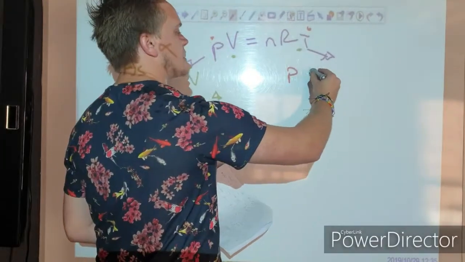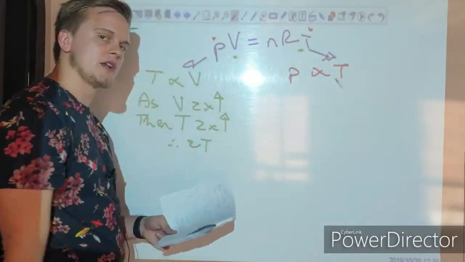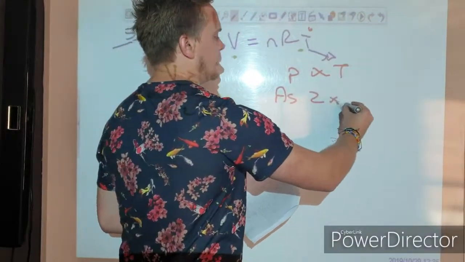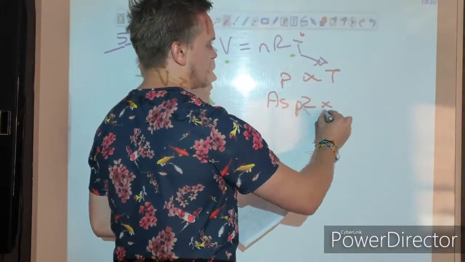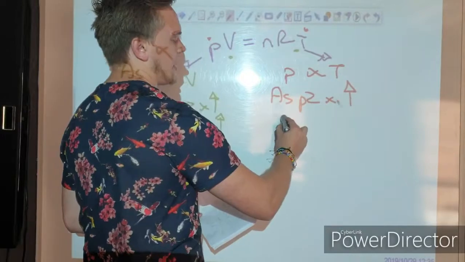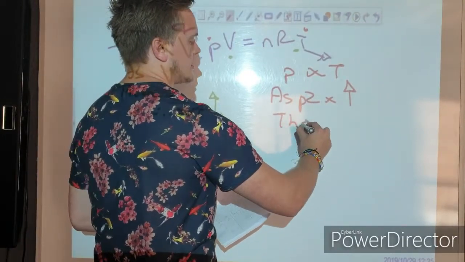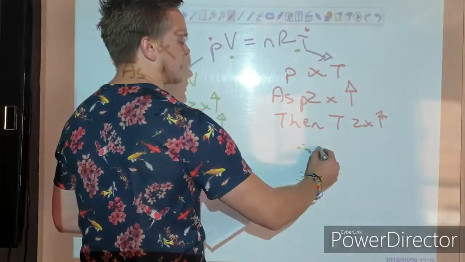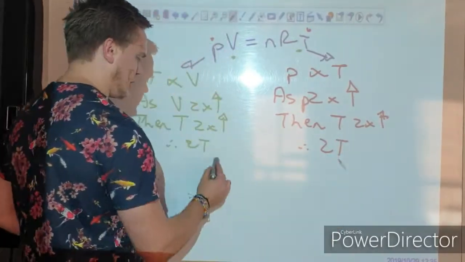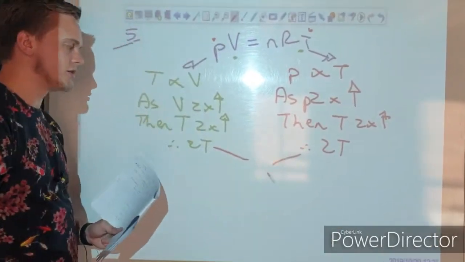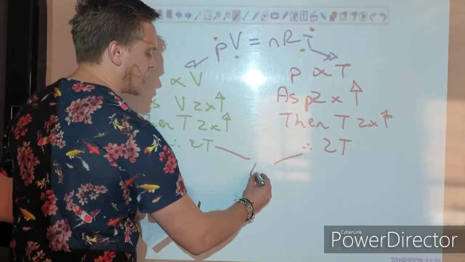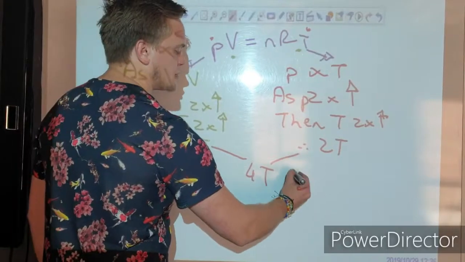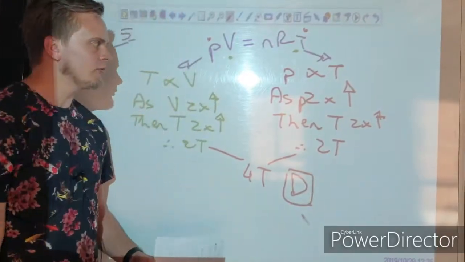Again, pressure is directly proportional, on opposite sides of the equal sign. So as our pressure increases by 2, our temperature will increase by 2 as well, changing that to 2T. Then we multiply these two answers, 2 times 2 changes into 4T. So your correct option will be option D.